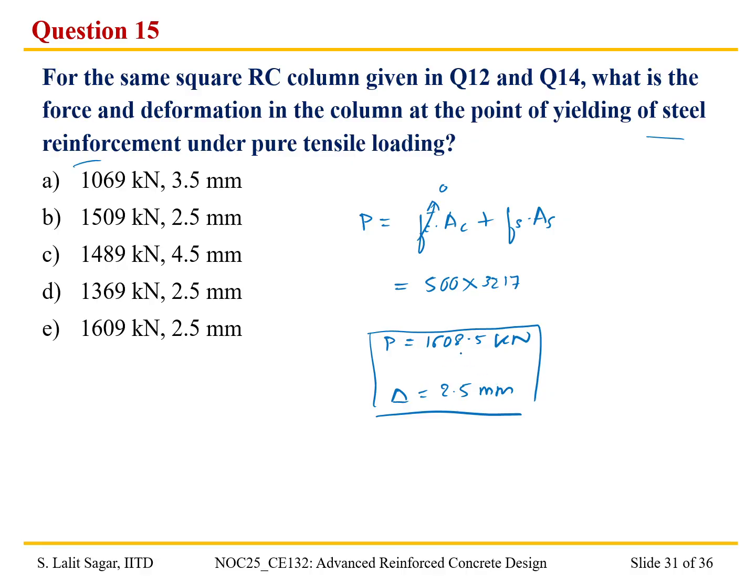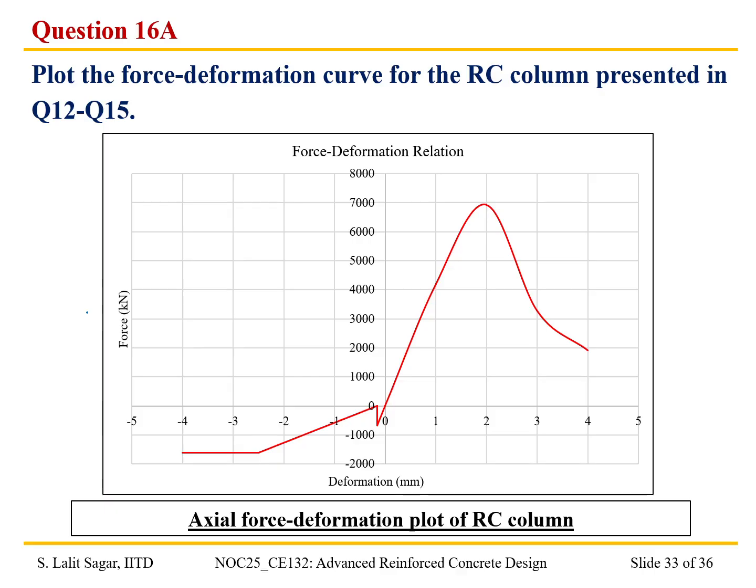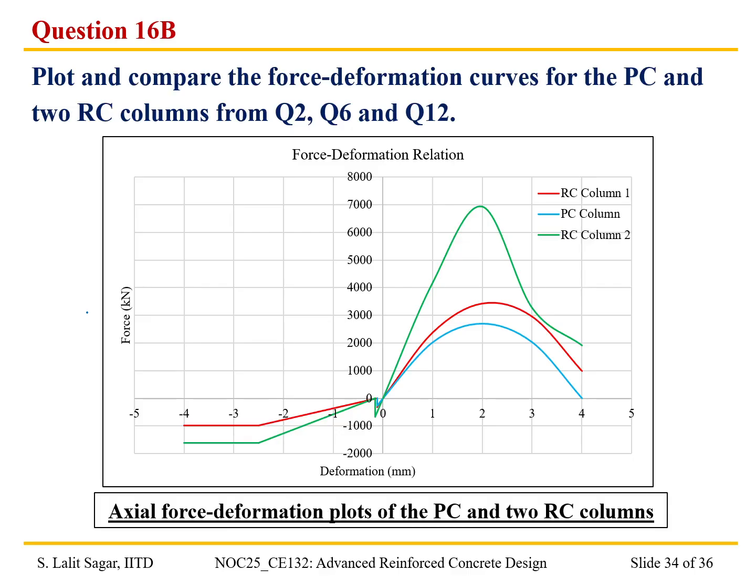Okay, so now let us look at the force deformation plot, right? So yeah, option E is the correct answer, right? So this is the force deformation plot when we're using the high strength concrete.